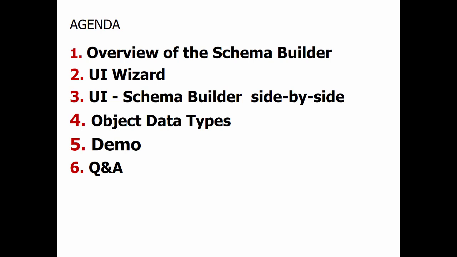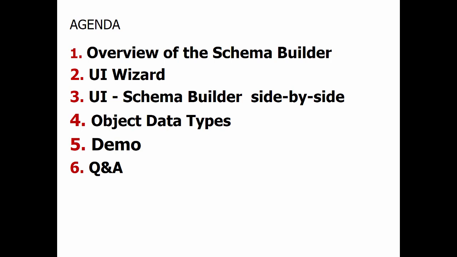Later on, I'm going to show you the UI and the Schema Builder side by side, and you're going to notice some interesting things about the capabilities of both. We'll jump into object data types after that, and there's some really cool stuff I want to show you about how they behave within the Schema Builder. Then at the very end, we'll finish off with a demo and then questions and answers.